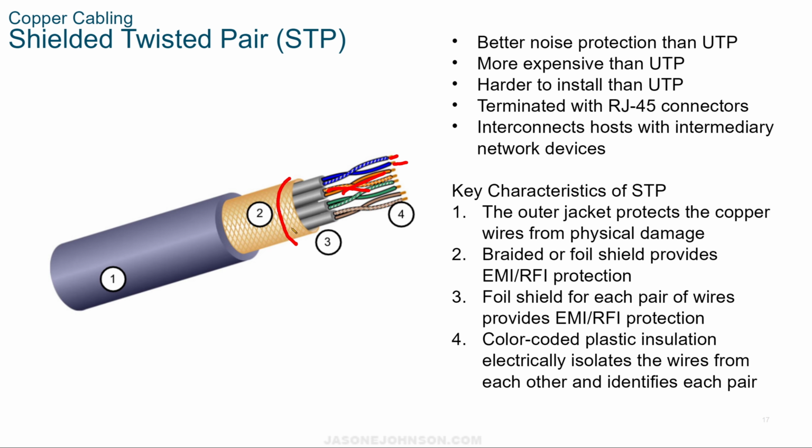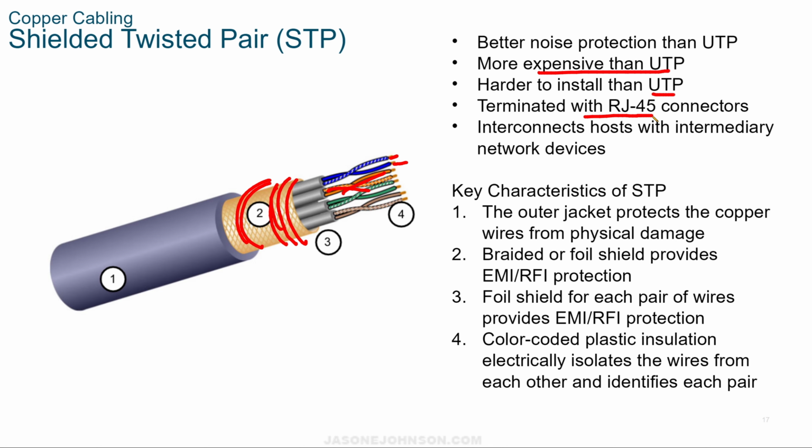But additionally, we put usually metallic covering around the bundle of wires, which will cut down on the noise. So it's more expensive than UTP because it does require extra materials. It is harder to install than UTP because it's got extra material to it, so it's harder to move around corners.